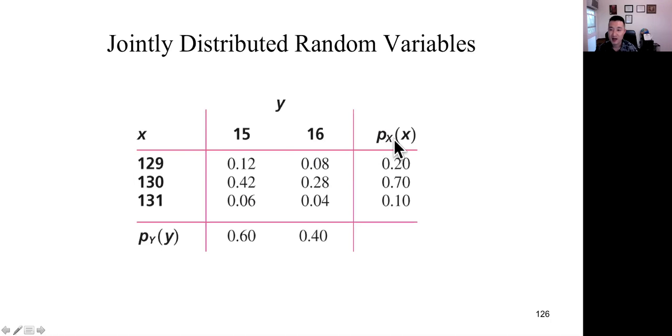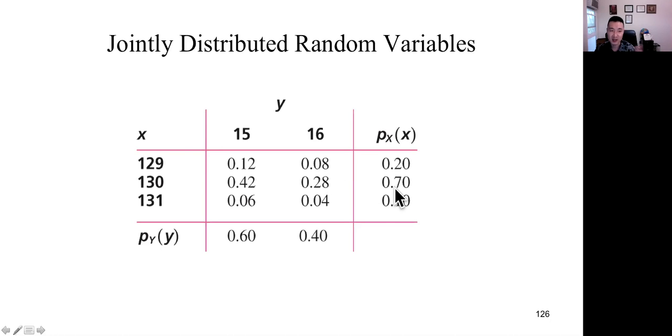So Pxx when x equal to 129 means the x value is fixed at 129, and then we add all the y together. 0.12 here and 0.08 here.